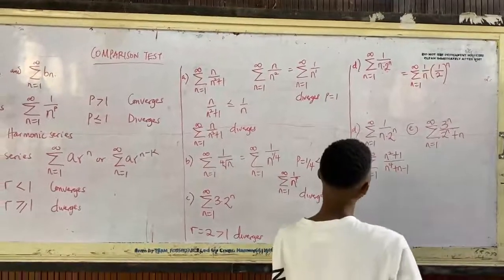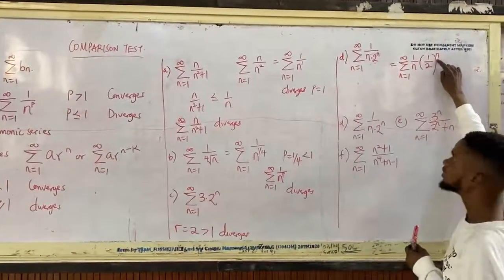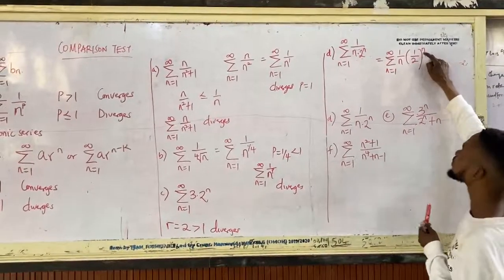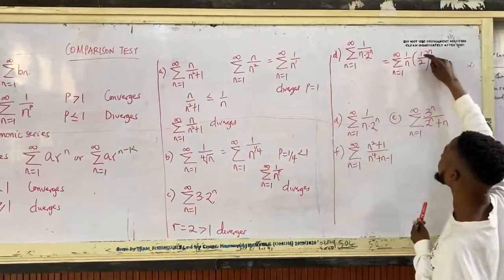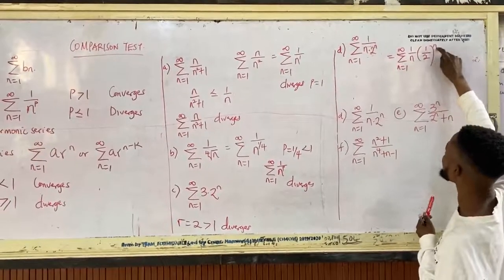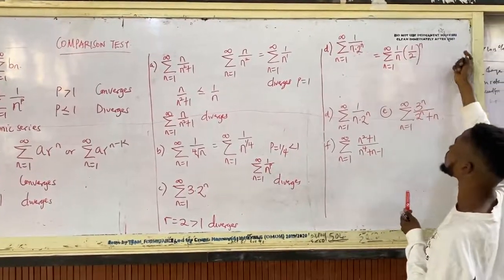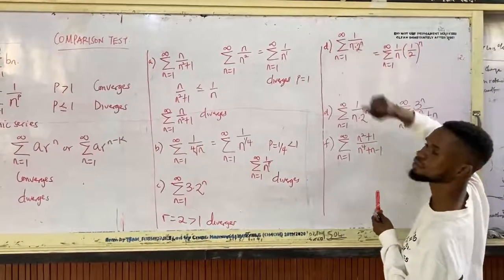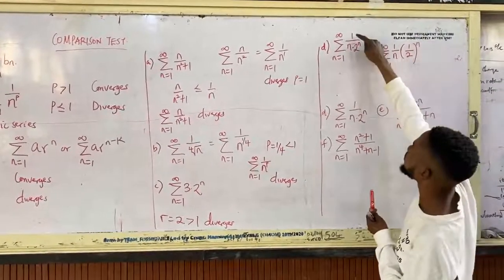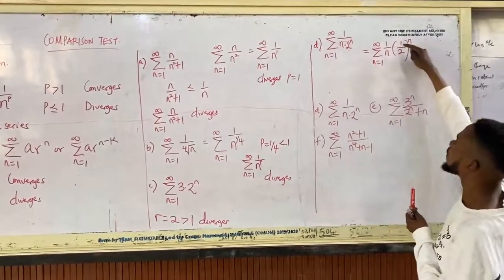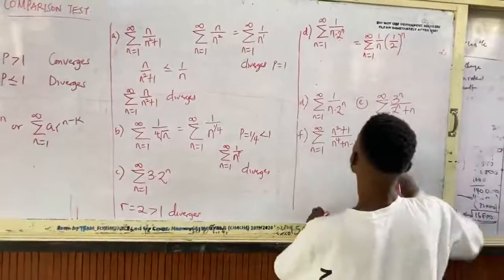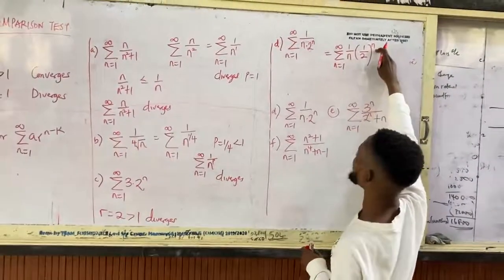Because for any value of n, if n is 1 or 5 or 6 or minus 1, you get 1 here. So 1 raised to power n is still 1. 1 raised to power 5 is still 1. For any given number, 1 raised to power that number is still 1. So this is like r raised to power n.